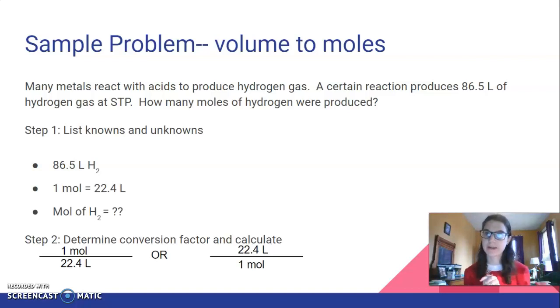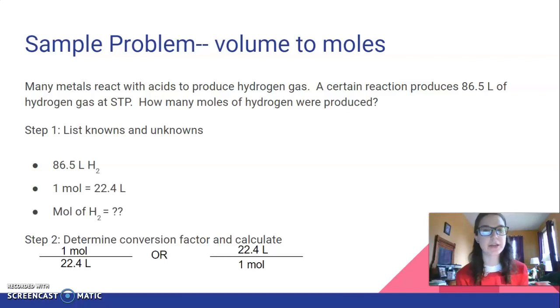One of the things you did was put a strip of metal in sulfuric acid, and what a lot of you noticed was that bubbling occurred. That bubbling was the production of hydrogen gas. So a certain reaction produces 86.5 liters of hydrogen gas at standard temperature and pressure. How many moles of hydrogen gas were produced?